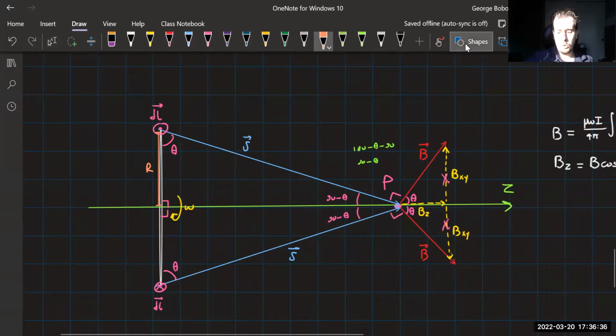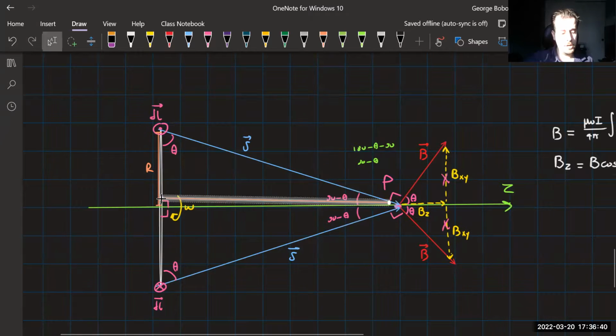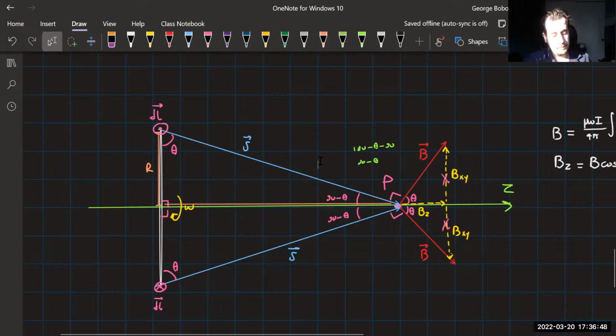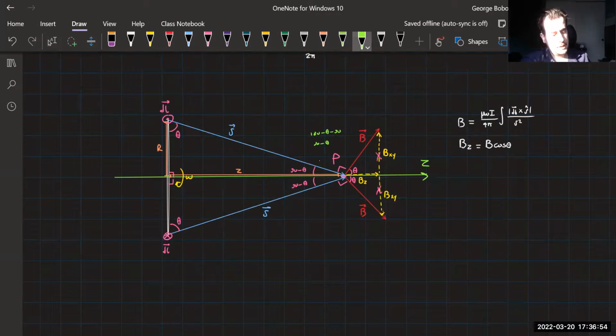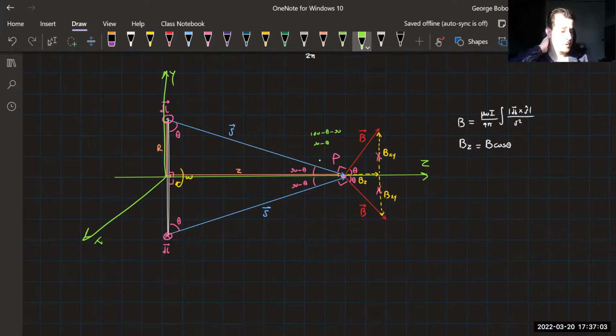I will also call this distance here from the ring to point P, Z, obviously, because we're going to set the coordinate origin on the ring. Why wouldn't we? Presumably, this would be like the Y, and this can be like the X direction right there. But we're not including these in the diagram. I'm just showing you where the origin would be.